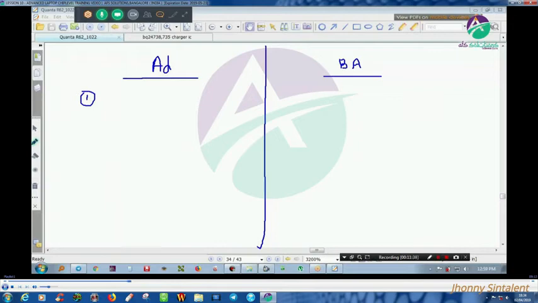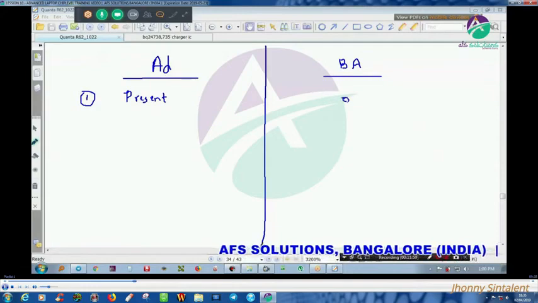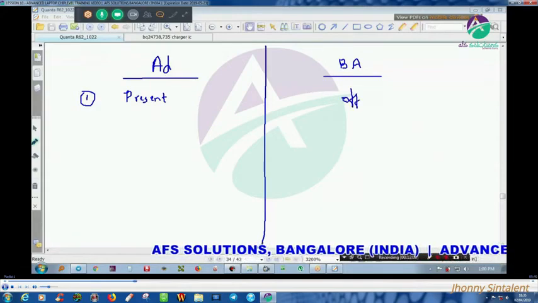One of the scenarios is when the adapter is plugged in, when it's present, the battery will go to off condition. Very good.